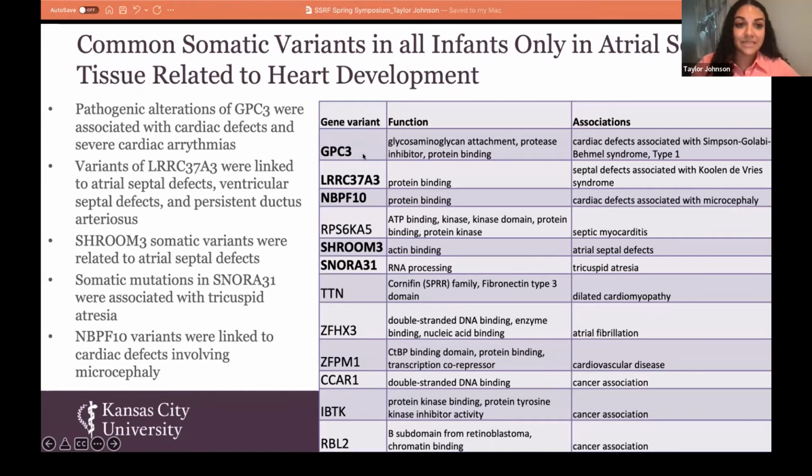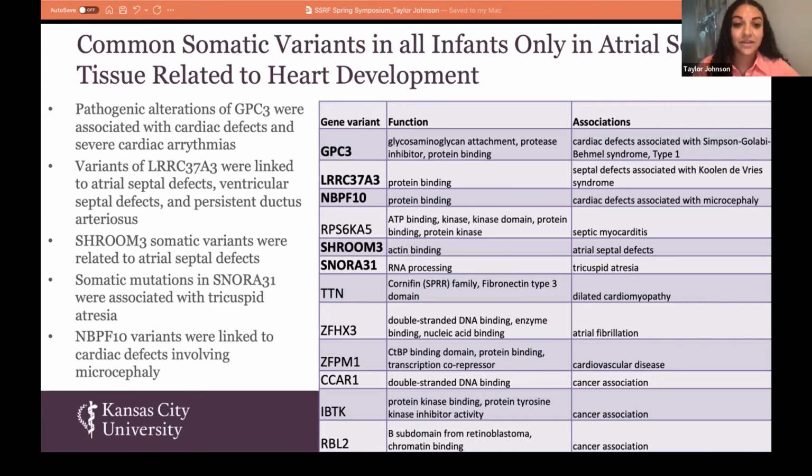For example, GPC3 showed alterations, and those are associated with cardiac defects and severe cardiac arrhythmias, as well as LRRC37A3, normally associated with protein binding, but this was a somatic variant found in all 4 infants in the heart that is typically related to atrial septal defects, ventricular septal defects, and persistent ductus arteriosus.